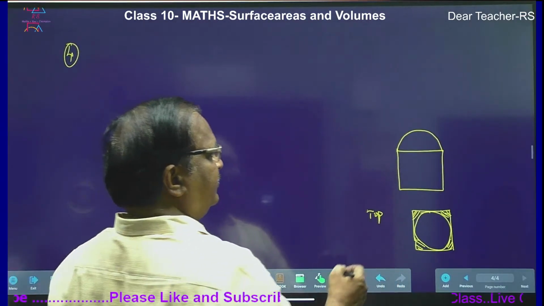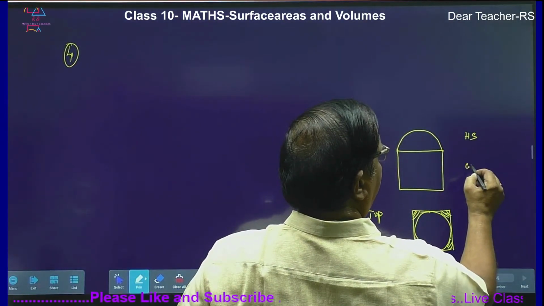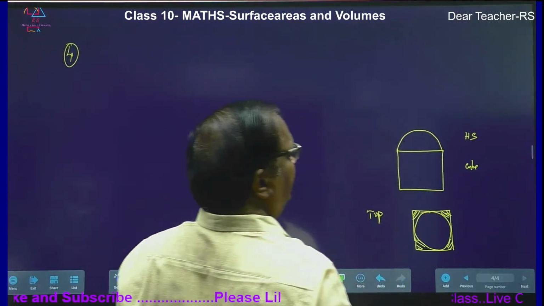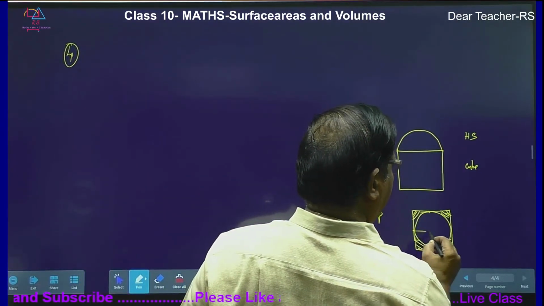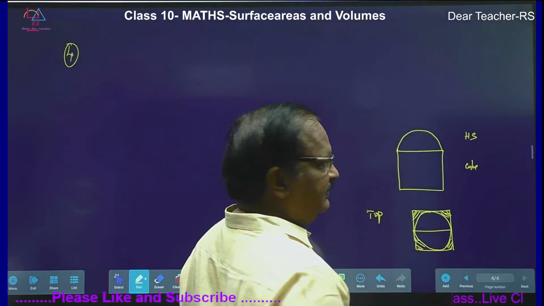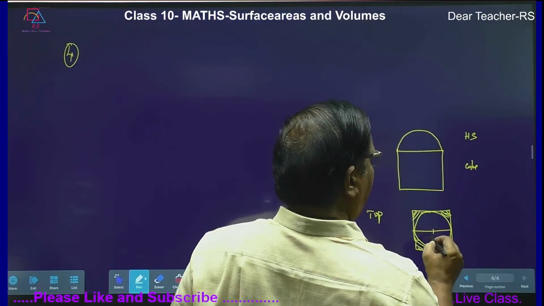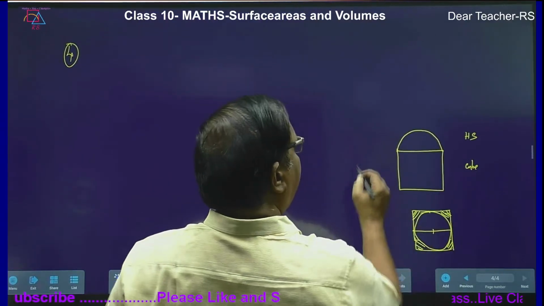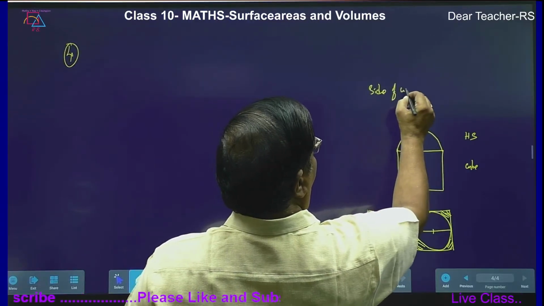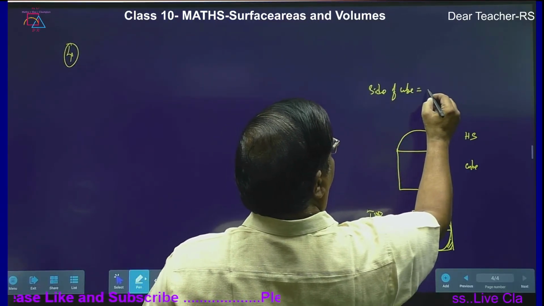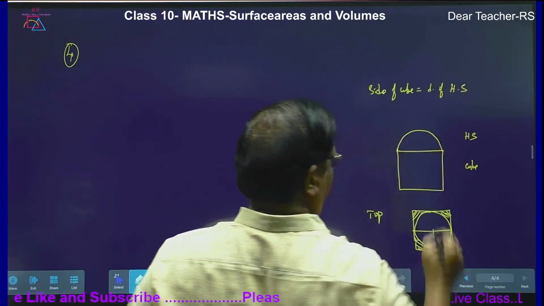So now this is the solid, so this is hemisphere and this is a cube, right. So the greatest dimension is this one. That means side of the cube is equal to diameter of hemisphere.